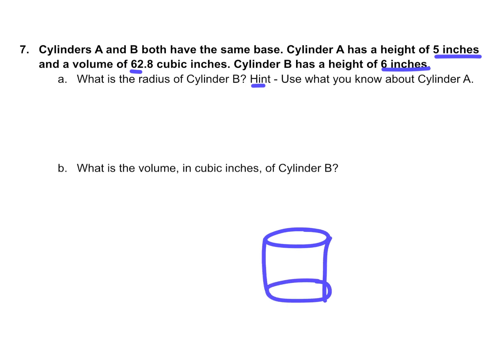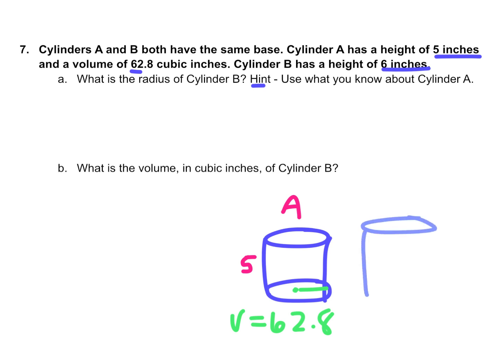So if this is cylinder A, we know that the height is 5 inches, and we know that the volume is 62.8 cubic inches. Okay, we don't know the radius. And then cylinder B is a little bit taller, but it has the same base. So we know that the height is 6. They have the same base, so that means they have the same radius.